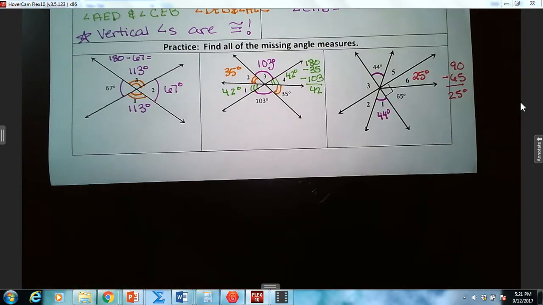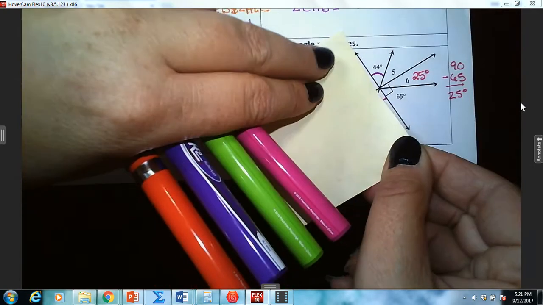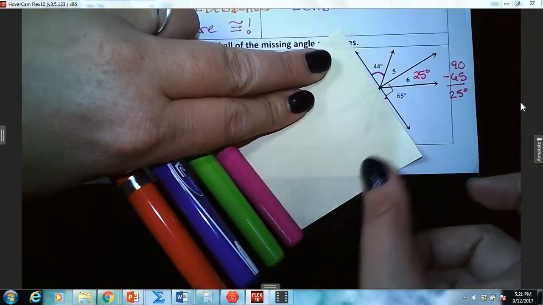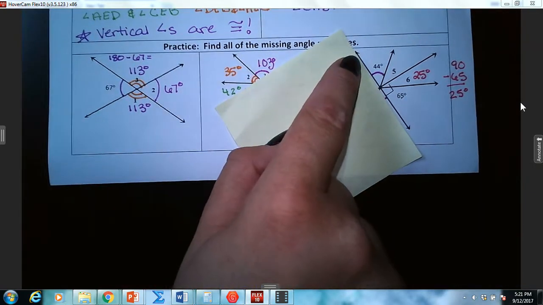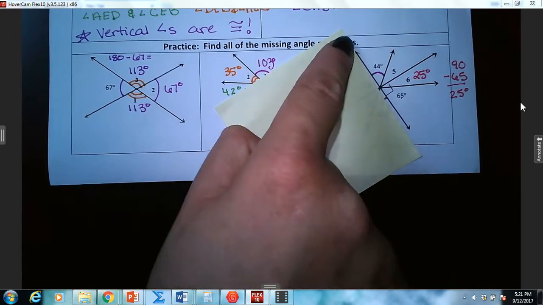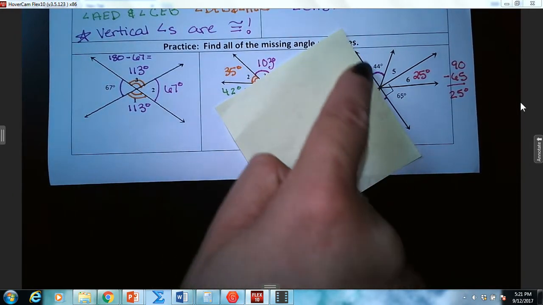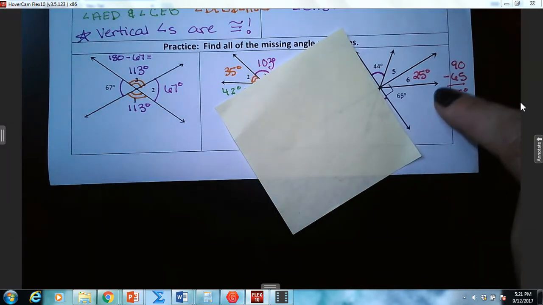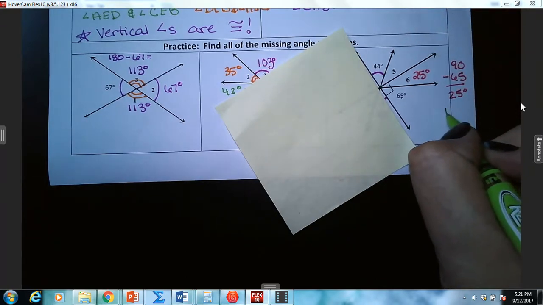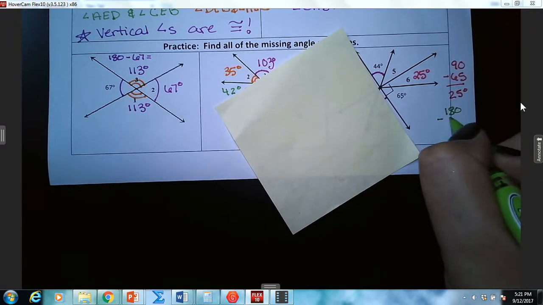So out comes my sticky note again. Finding a straight angle. There's a straight angle, 180 degrees, and it's been sliced all up. We've got 65, 25, 44, and something for angle 5. So 180 degrees, if we subtract away everything else that's there, what's left is angle 5.